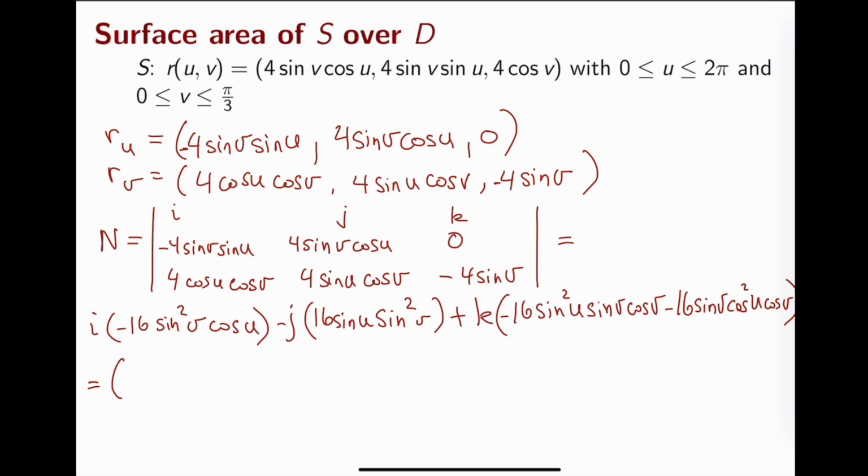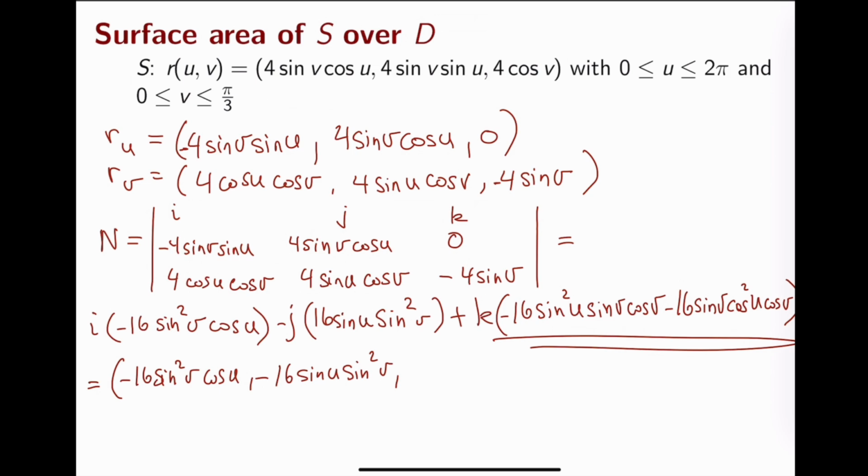So simplifying, this will be the vector minus 16 sine square of v cosine of u minus 16 sine u sine square of v. And then simplifying here, we observe that there is a common minus 16, sine of v is also common, and cosine of v is also common.